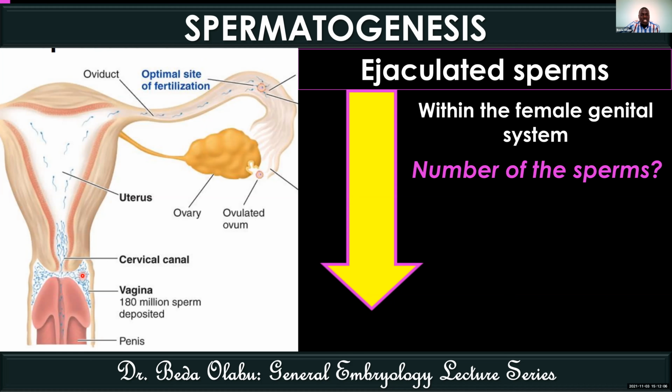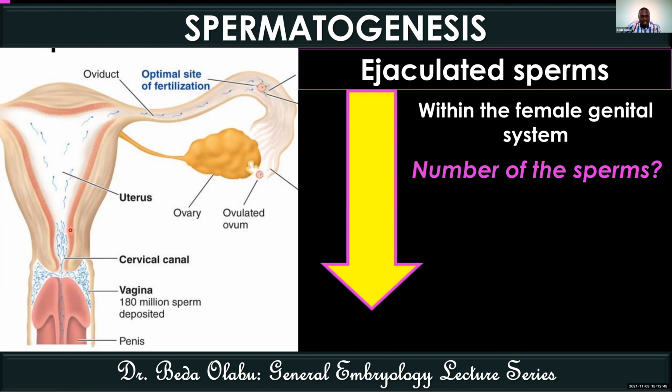Taking an assumption that that ejaculate was a normal volume of about 2 to 6, let's go with maybe 4 to 5 ml, the sperm count there would be about 300 to 500 million sperms. Despite that high number, usually only about 1% will climb up the cervix. The other 99% remain there in the vagina and will just drain off.